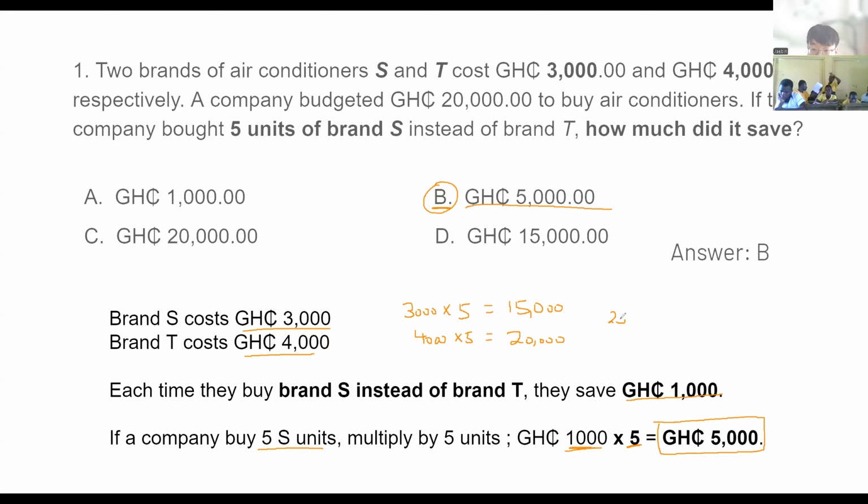What is 20,000 minus 15,000? That is 5,000. That's why the answer is 5,000 Ghana cedis.